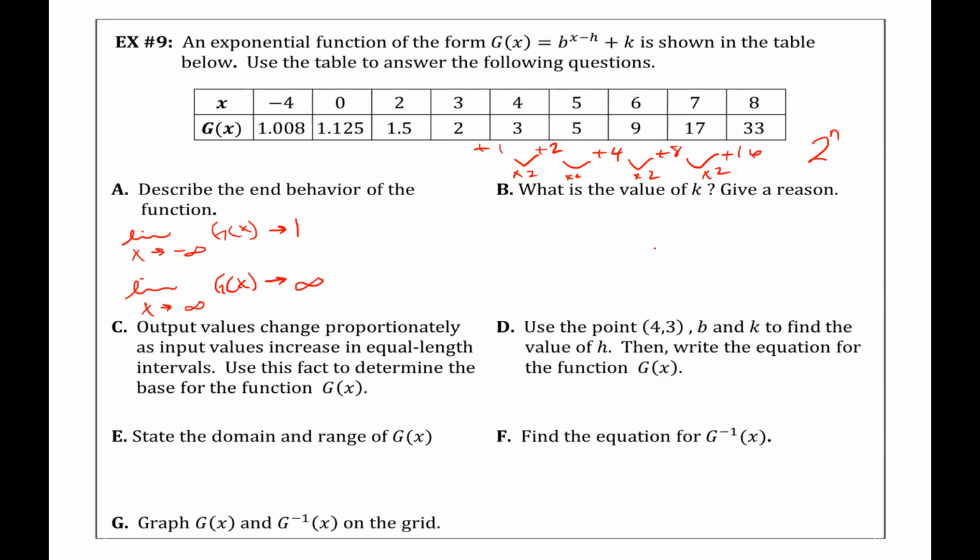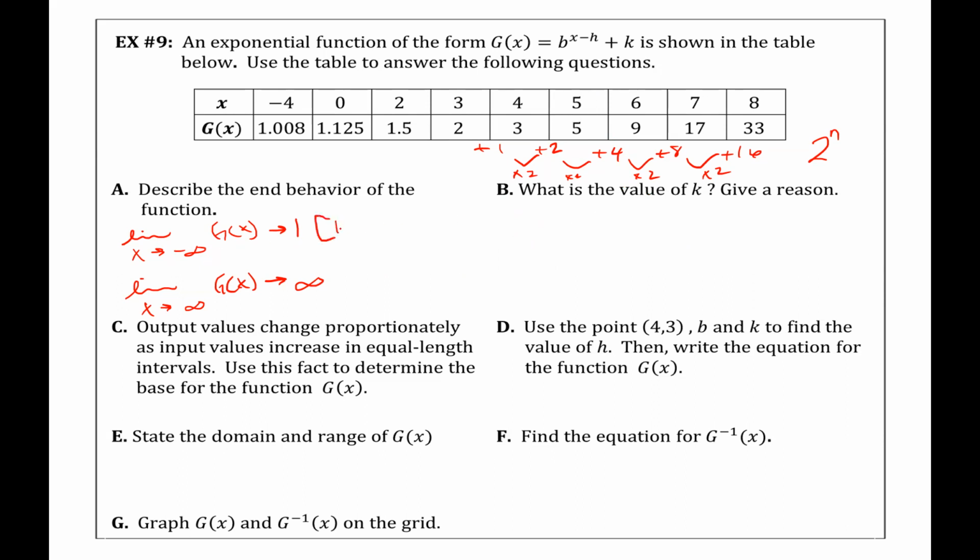Okay, what is your k value? So your k value is the shift, your vertical shift up and down, okay? Because this is exponential, that means your k value comes from your asymptote, your limit that it's approaching, right? And so for this problem, notice here, as x goes to negative infinity, g of x is approaching 1.